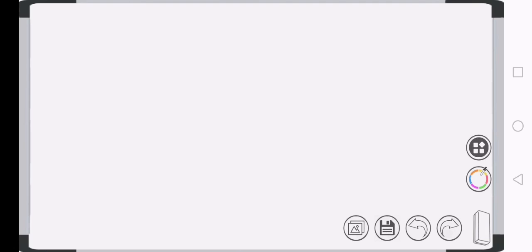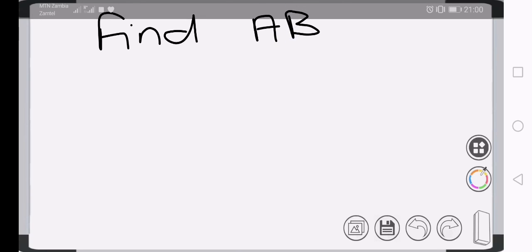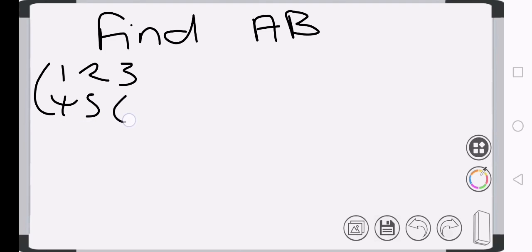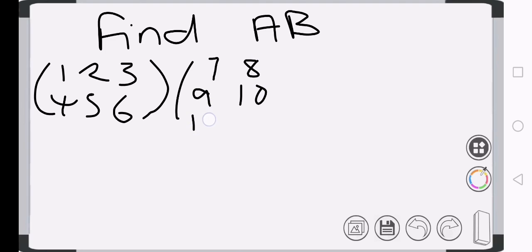Now say another question comes like find AB. This means you're multiplying two matrices, matrix A and matrix B. So there's a matrix 1, 2, 3, 4, 5, 6, and 7, 8, 9, 10, 11, 12.